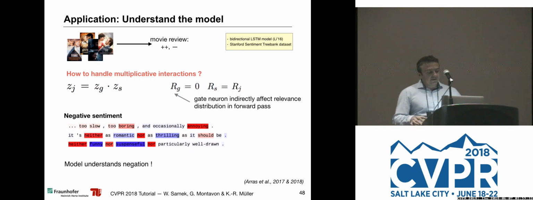Here this negation gets a high relevance, because romantic is a positive word, but when negated in this case it gets a negative meaning. So the model really understands negation, or learns it. We can verify that the model understood that in this context this word has a negative meaning, which is quite nice and quite cool.